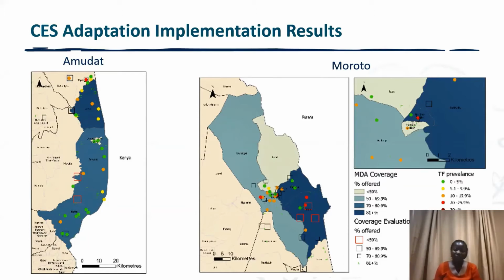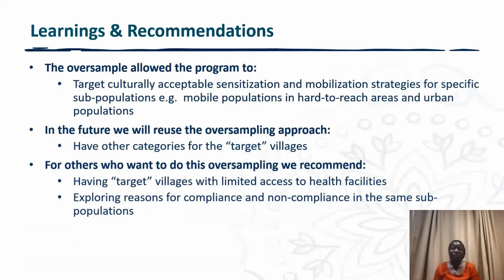And the TF prevalence was also greater than 5%, while the coverage evaluation results showed that the coverage was less than 70%. As we can see, generally, there's a relationship between the MDA coverage, TF prevalence, and the results from the coverage evaluation surveys.